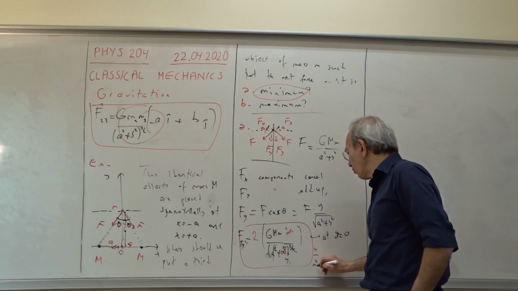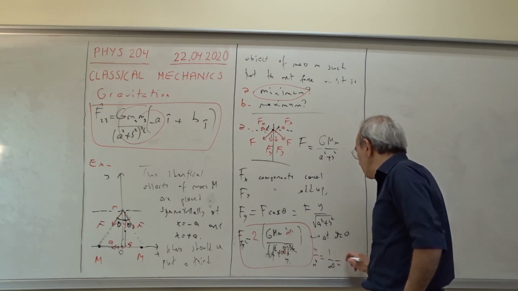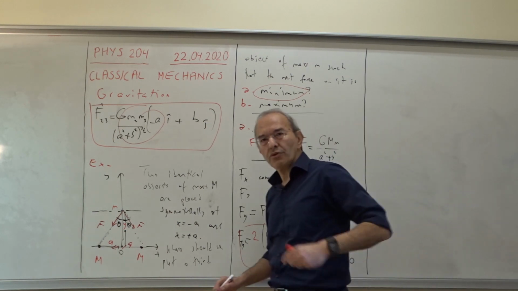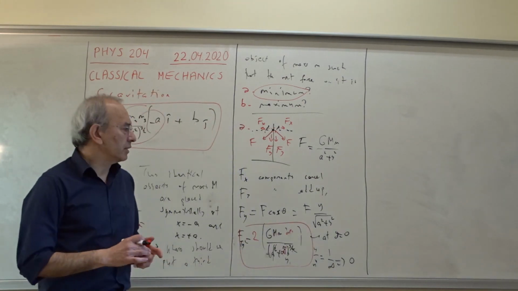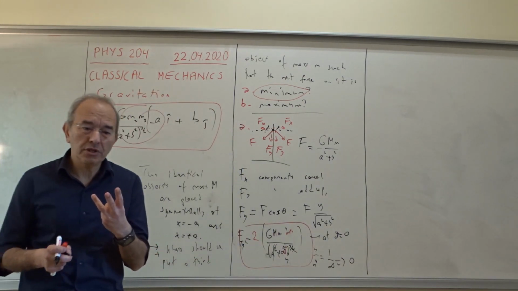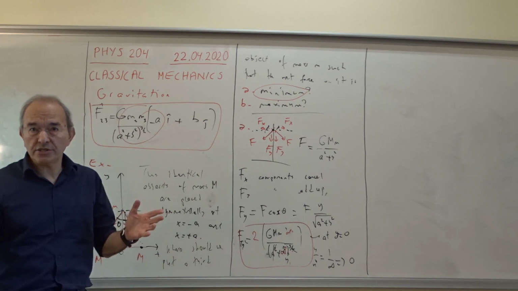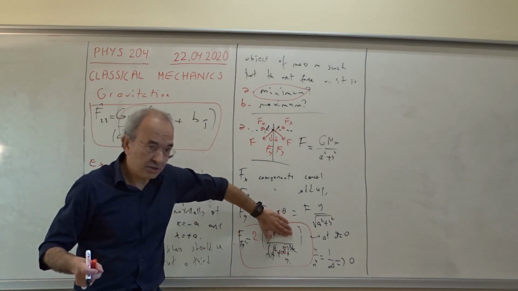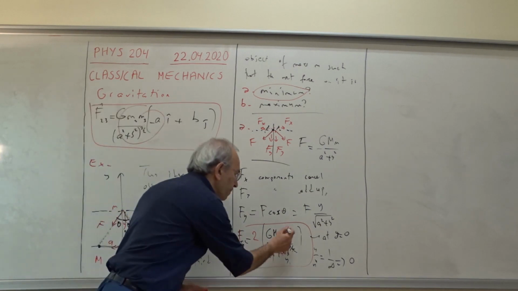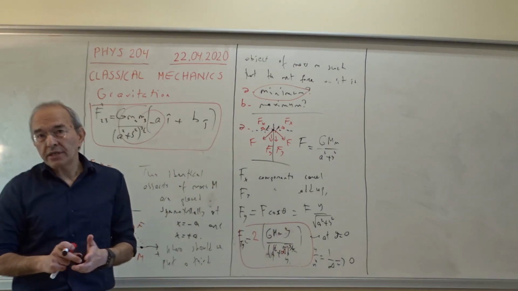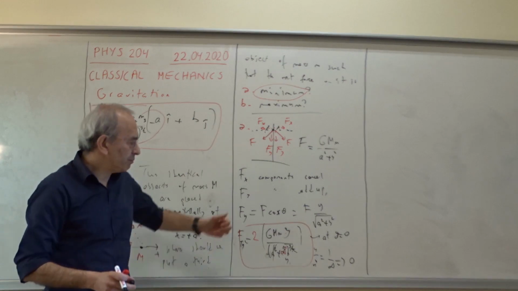Y over y to the 3 means 1 over infinity, which is also 0. So the minimum part is easily seen that there are three possibilities. One, to put the third object just at the origin, where y is 0, so that the numerator is 0 and force is nothing. The other possibilities are symmetry cases, plus and minus infinity.